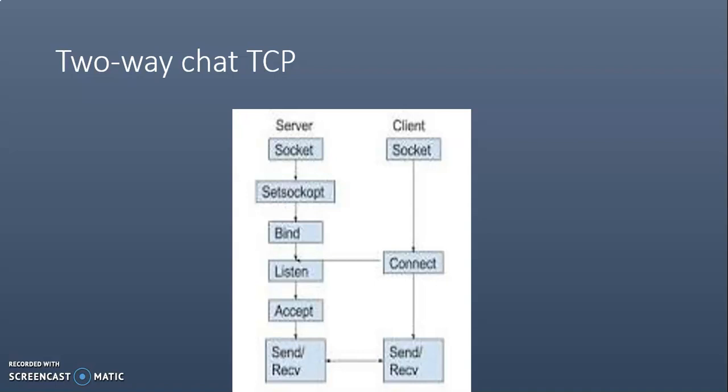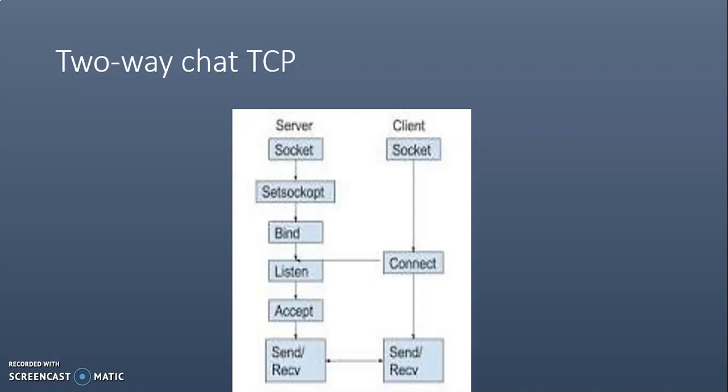Once you are running your server program initially, it is going to be ready to listen to the client, and once you are running your client program, it can connect to the server which is actually listening, and thereafter the server can accept the connection. Thereafter the client can initiate sending a message to the server.